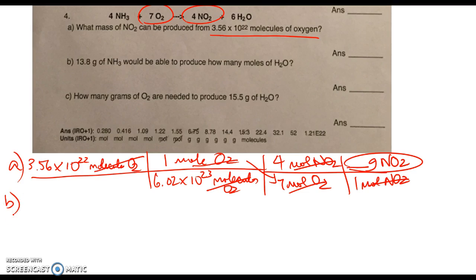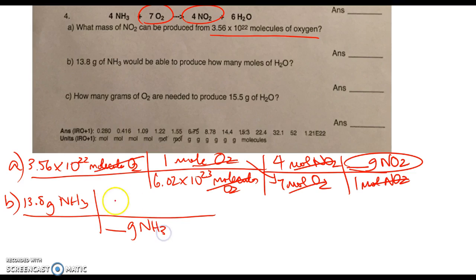B. It says 13.8 grams of ammonia would be able to produce how many moles? Well, we're sitting in grams, gotta get to moles. So many grams of ammonia, the molar mass, in 1 mole. Now I need to go from moles of ammonia to moles of water. So let's see, 4 and 6, right?